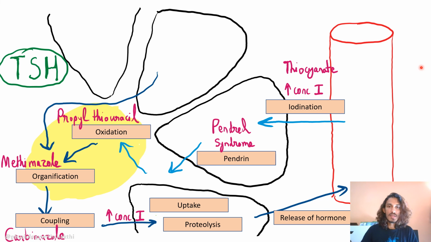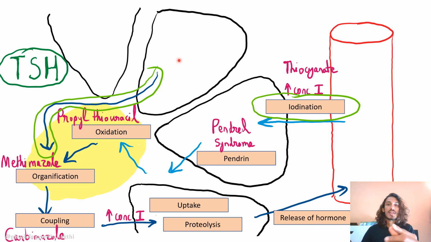Okay, so next is TSH. We have to understand when TSH acts, what are the steps that are improved because of the presence of TSH. First and foremost, your iodination is improved. Because of the presence of TSH, more of these transporters are released, so iodide trapping increases.